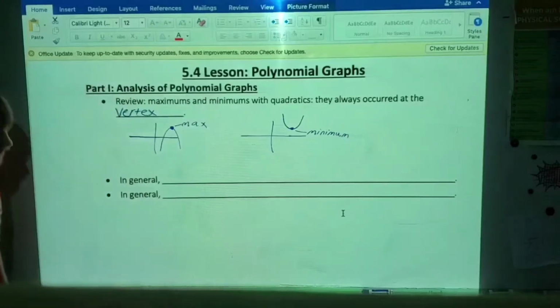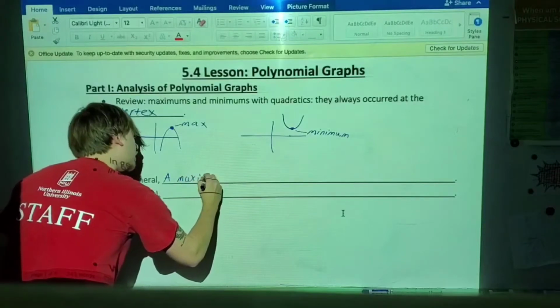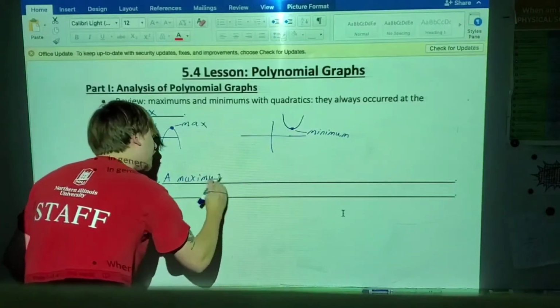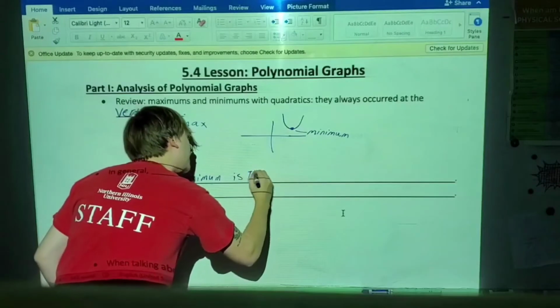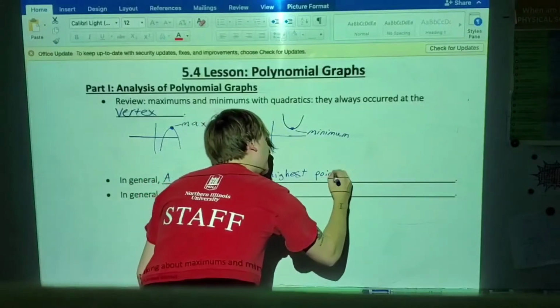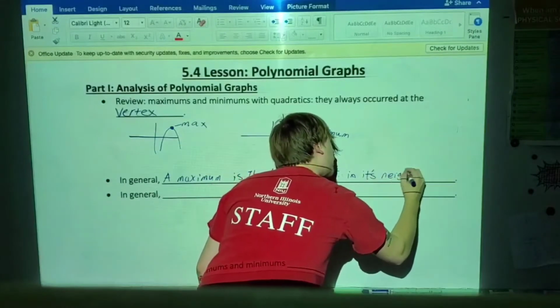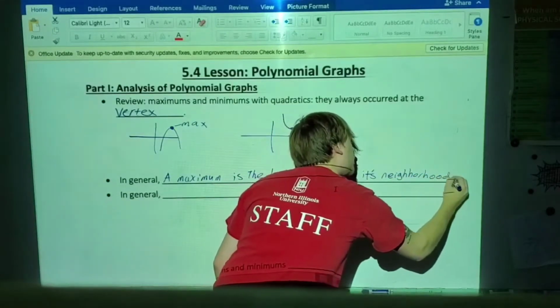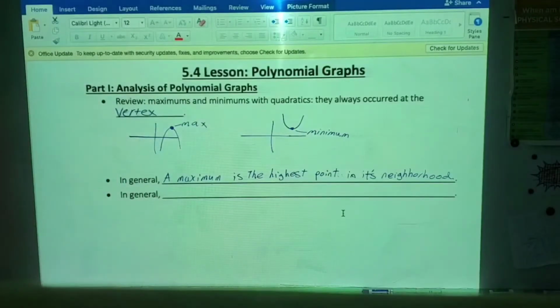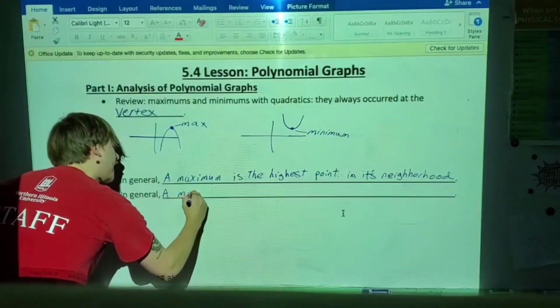Okay, so these are things that we have talked about before. We're just going to take it a little bit further. In general, for all polynomials, not just quadratics, a maximum is the highest point in its neighborhood, and you might be able to guess then a minimum is somewhat the opposite.